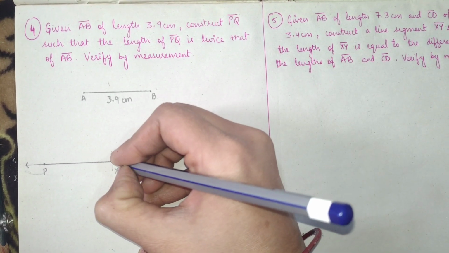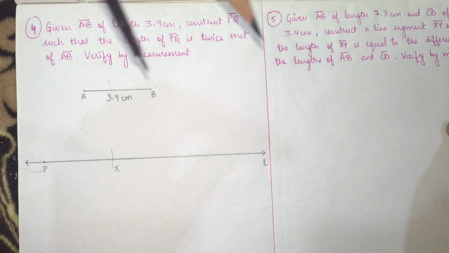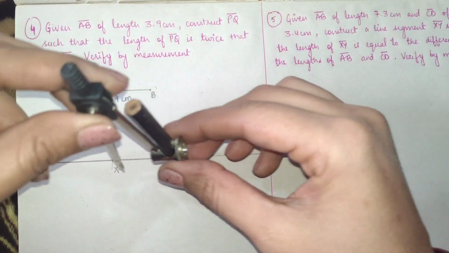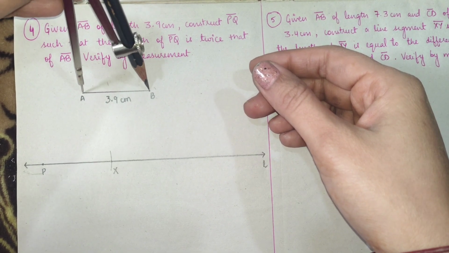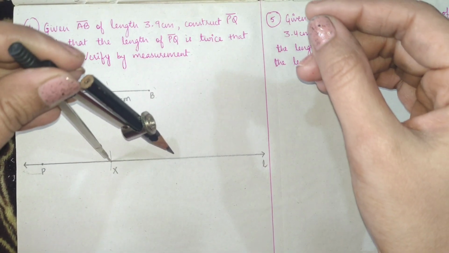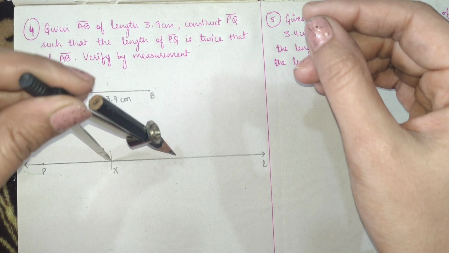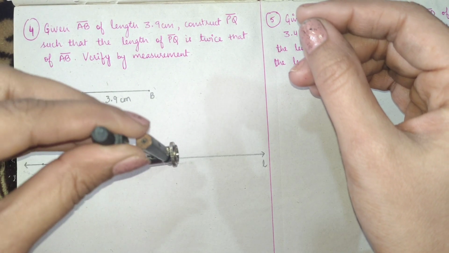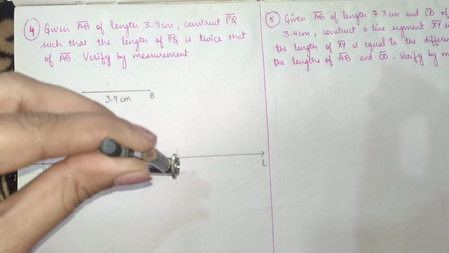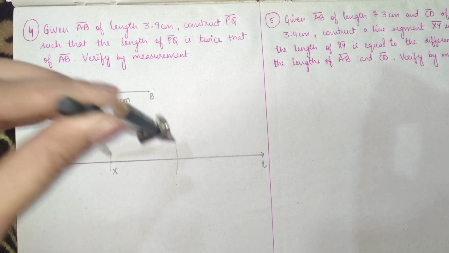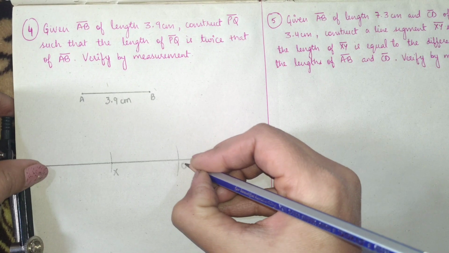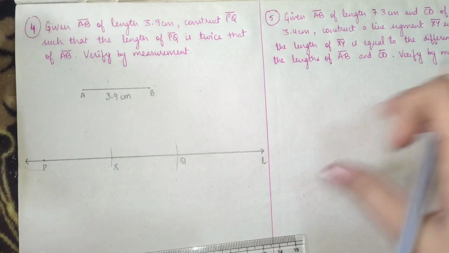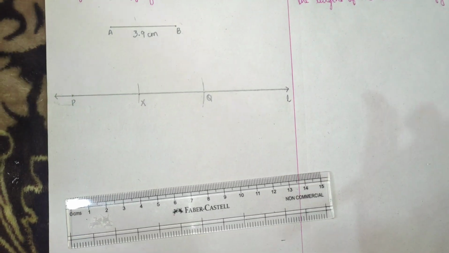Then again from this point X, without disturbing our compass, we'll draw another arc. We can just check if it's still AB or not. It's still AB. So by keeping the pointer at X, we'll draw another arc like this. And now this point here will be your Q. Okay. So construction work has been done.